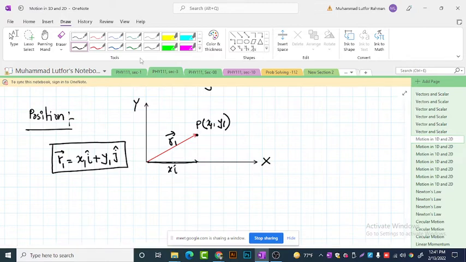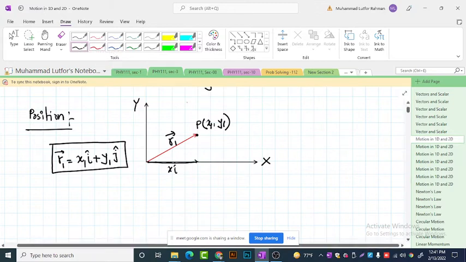Alright, now say the particle changes its position. After a certain time, the particle travels along a path to a new position, say Q, with coordinates x2 and y2.